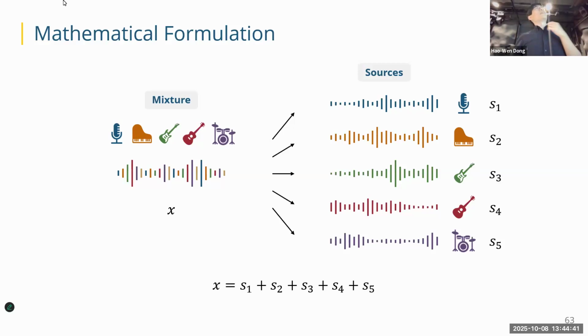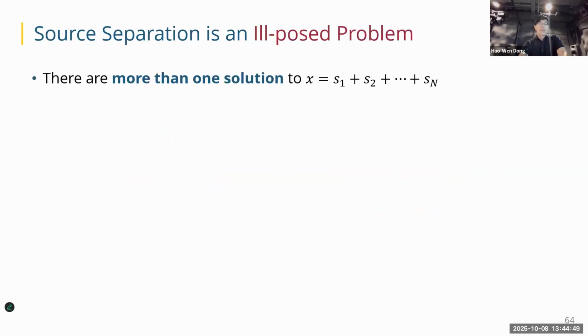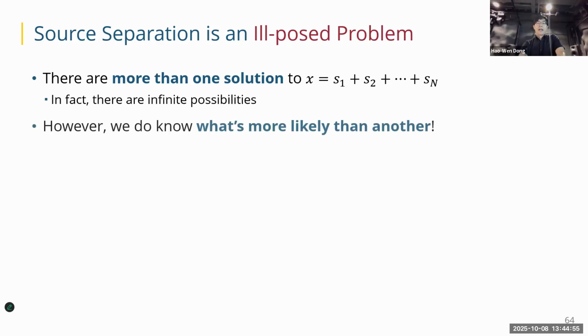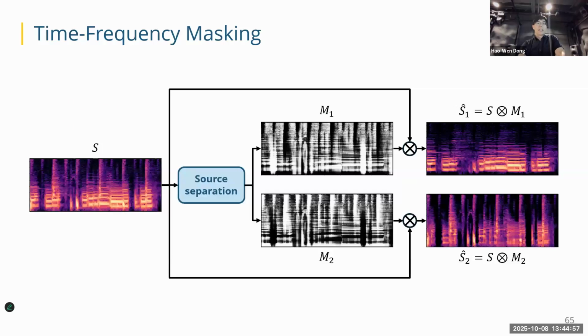So there's some way you can actually separate a signal into several different instruments. So that's what we look into. It's an ill-posed problem. There are actually infinite possibilities. So the first thing we talk about is this time frequency masking thing.